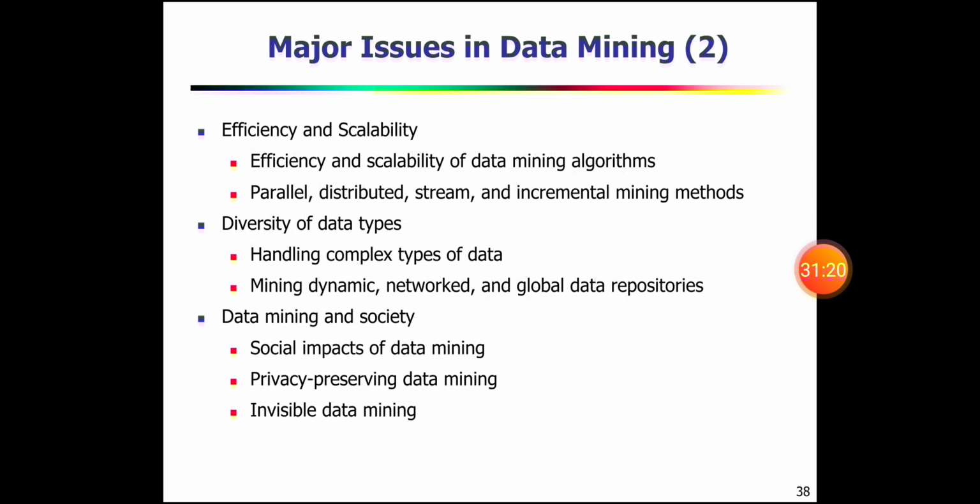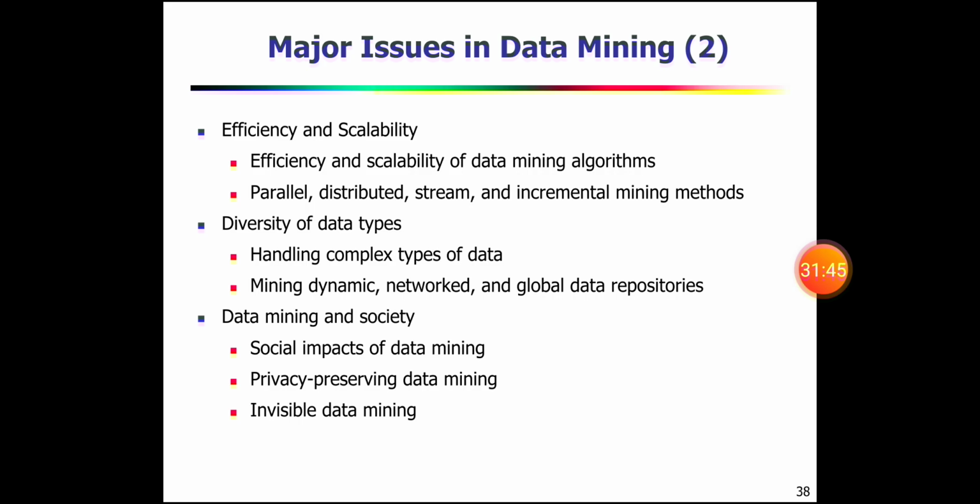The other one is efficiency and scalability. When the data size is minimum or moderate, the efficiency will be very high. When you go on increasing the data size, automatically the efficiency will come down. So efficiency and scalability should be improved in parallel.